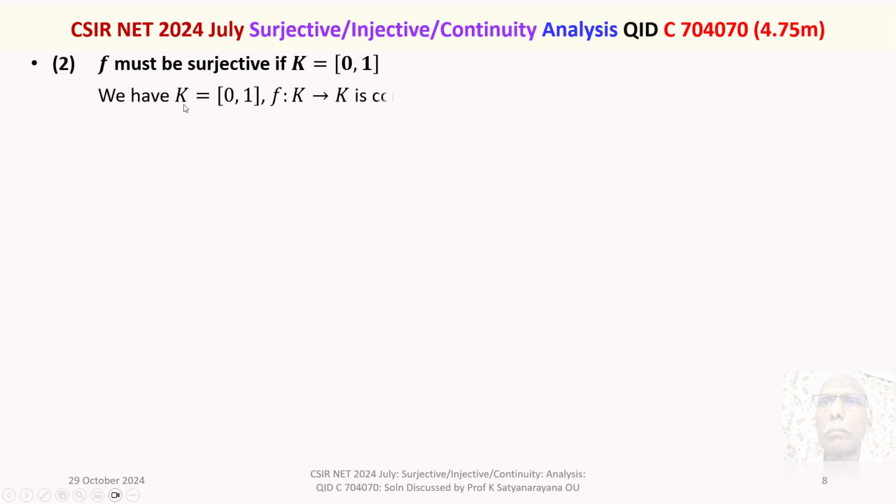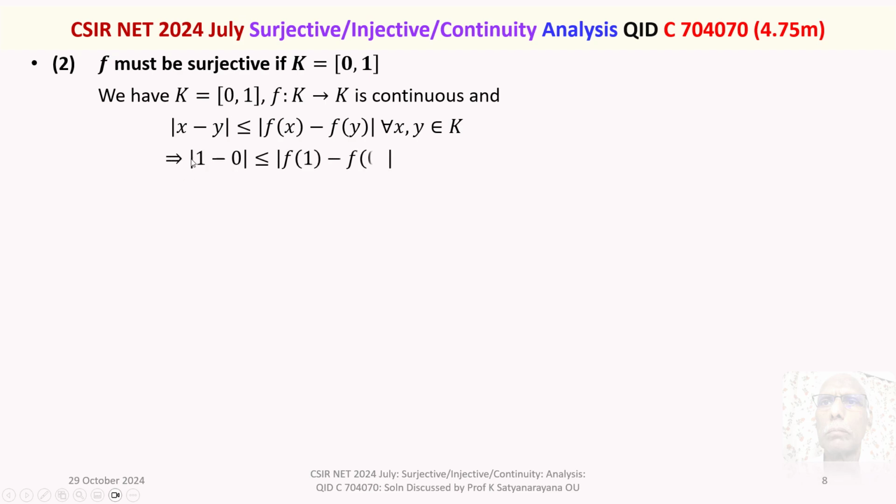So we have k is the closed interval 0 to 1, f a map from k to k is continuous, is all hypothesis and satisfies this condition. Agreed. And we will prove that it is surjective.